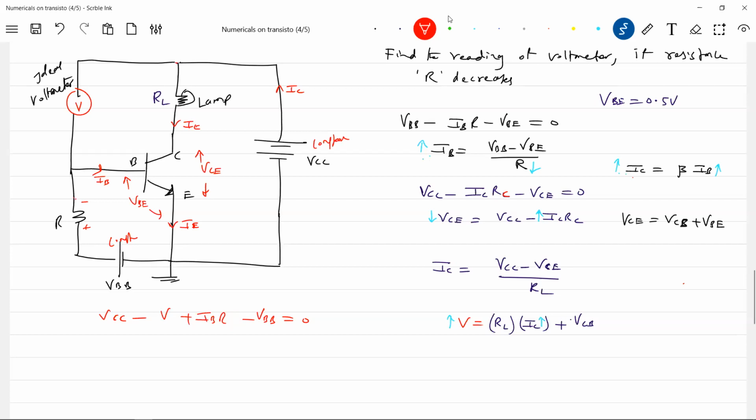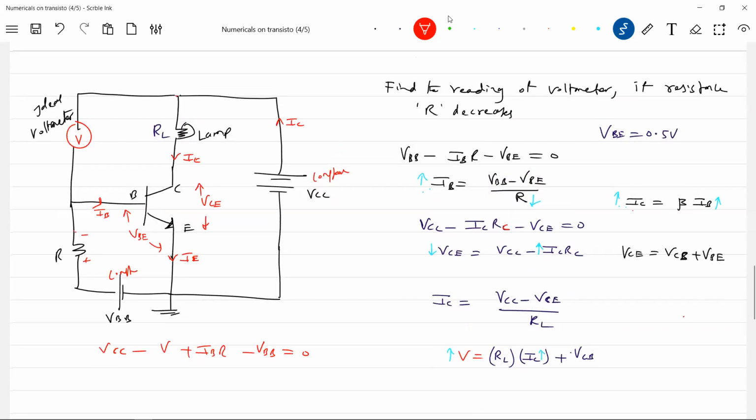This is R. VC decreases, VCB also decreases.